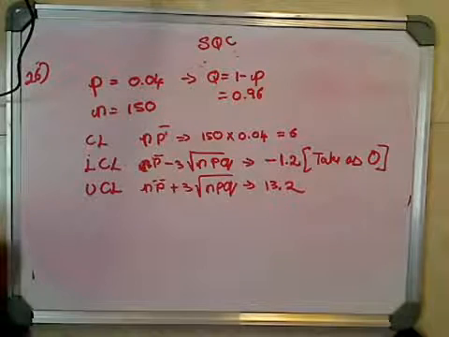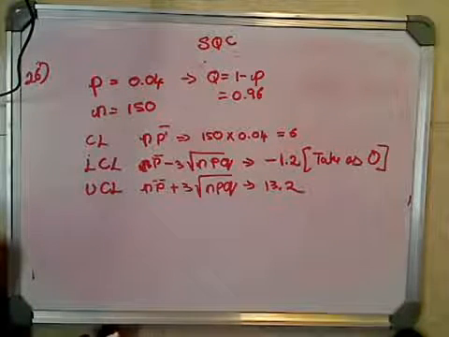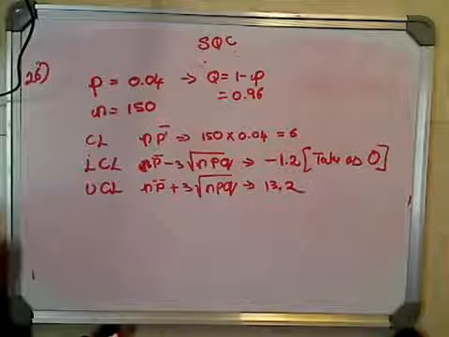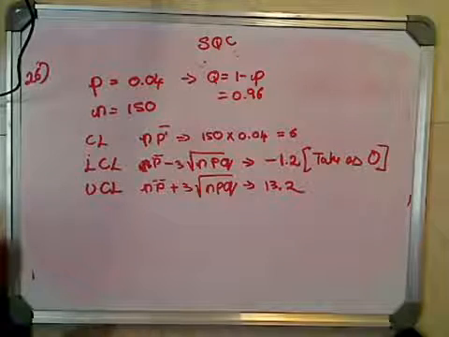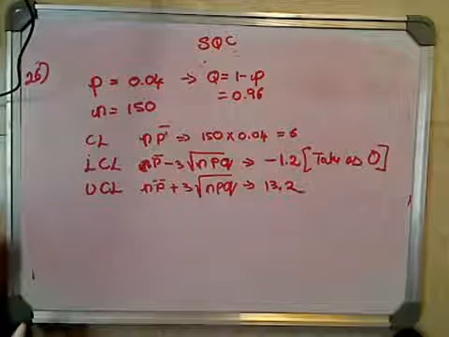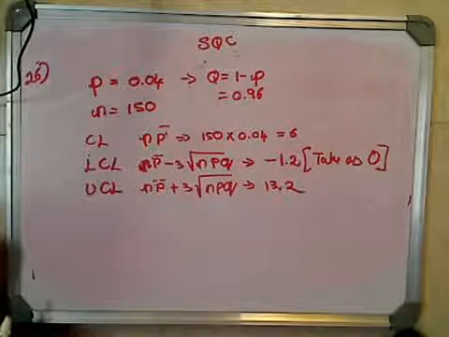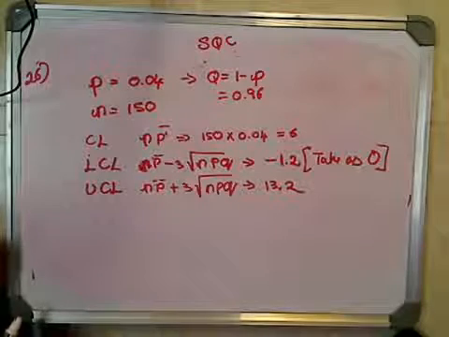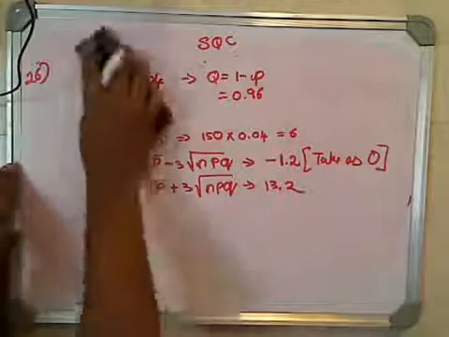Now in this case, I have used the sample proportion because they mentioned it's the sample. And this is what I've arrived at, and this should match the answer in the book. Let me double check. Does it match? Problem number 26. Yeah, 6, 0, and 13.2. It does. Now let me do one more problem before I close this video.